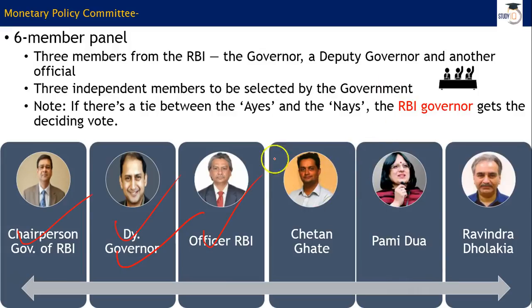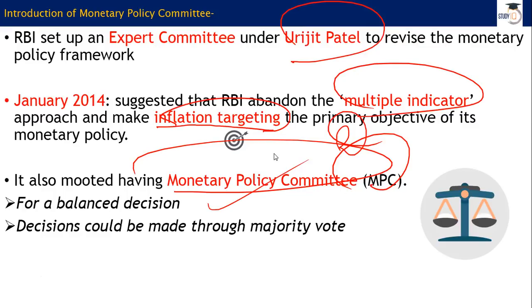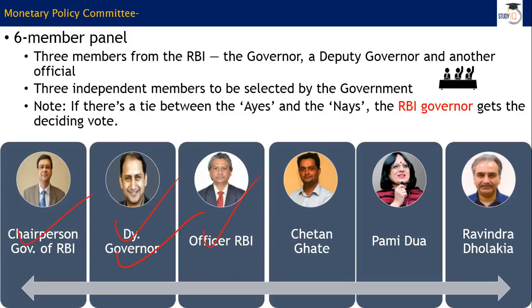So you have a balance. In this way you have many heads working together and taking a sort of democratic decision, if I can say that, because how it works is that majority wins, and just in case you have a tie, then it is the final say of the RBI governor that will matter.